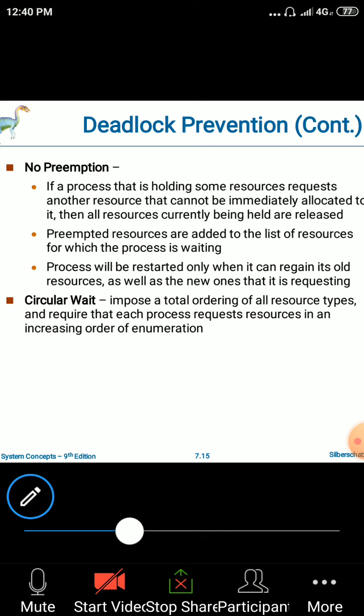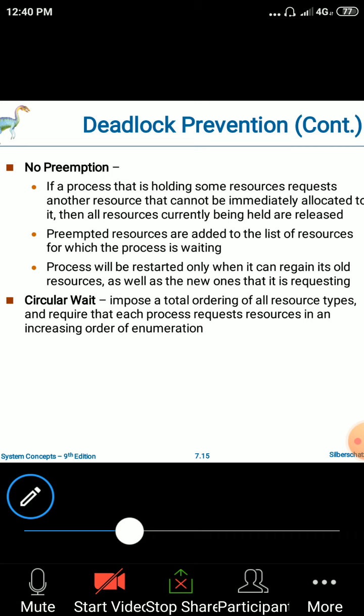The process will be restarted only when it can regain its old resources as well as the new resources it is requesting. So these are the two protocols or methods used to avoid the no preemption situation.